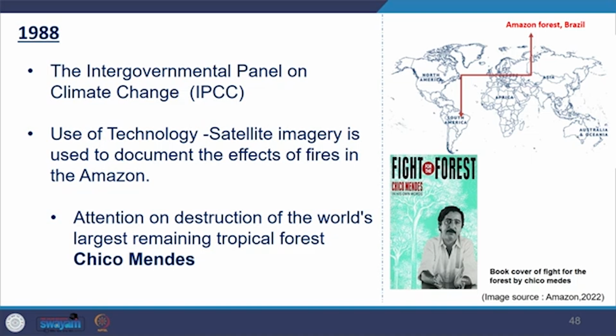And then at the same time, we see that Chico Mendes, the founder of the Brazilian Rubber Tappers Union, was murdered in December. So you see across the world what was happening. He had led a non-violent campaign to stop the slash and burn conversion of Amazonian rainforest to pastureland.